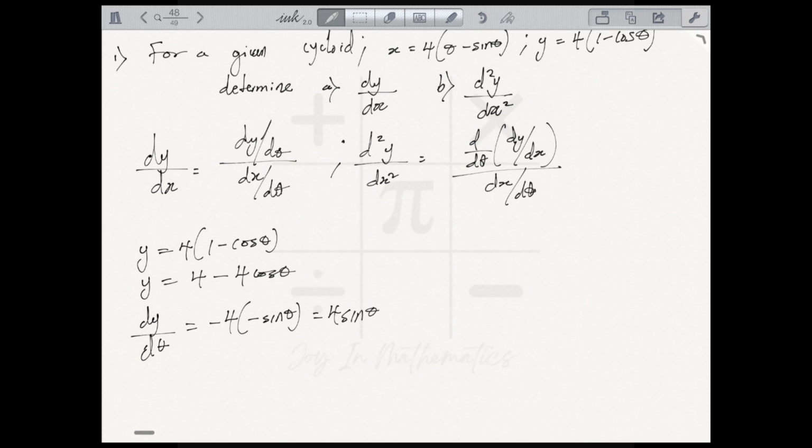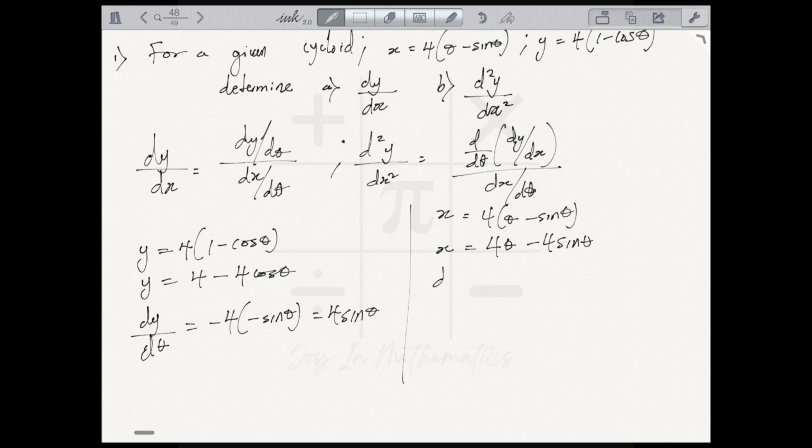So having evaluated dy/d theta, let us also evaluate dx/d theta. We know that x is equal to 4 into (theta minus sine theta). Then let's open the brackets. We have 4 theta minus 4 sine theta.